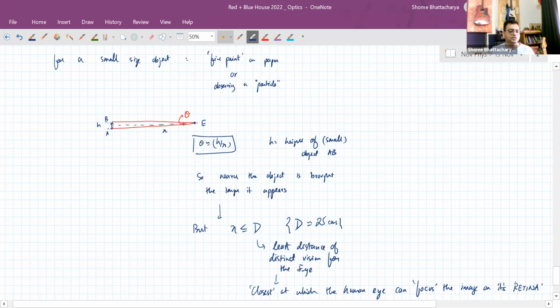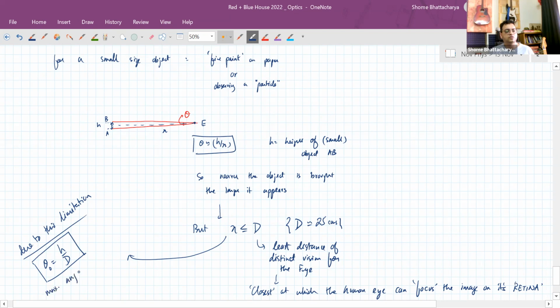Because of this limitation, the maximum angular size for a small object viewable to the naked human eye, that is without any optical instrument to help us, is this. This is the maximum angular size to an unaided eye. So the maximum angular size that we can perceive is this much.